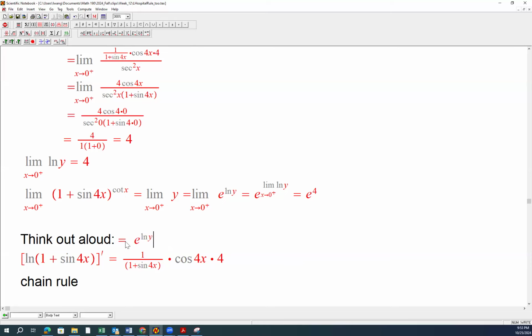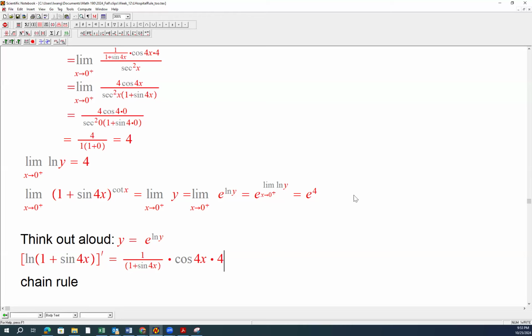So this is the key relationship we use, okay? Which is y equals e to the power of ln y. We also used the property of the continuous function e to the power of x. e to the power of x is continuous, therefore the limit can go across it, right?